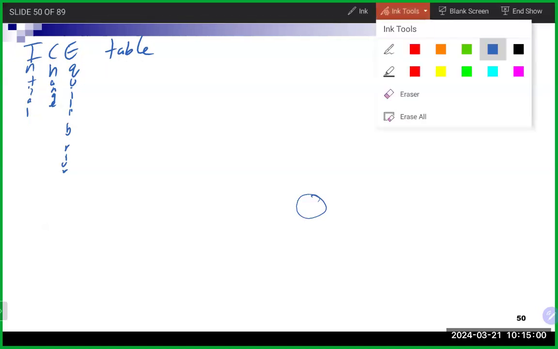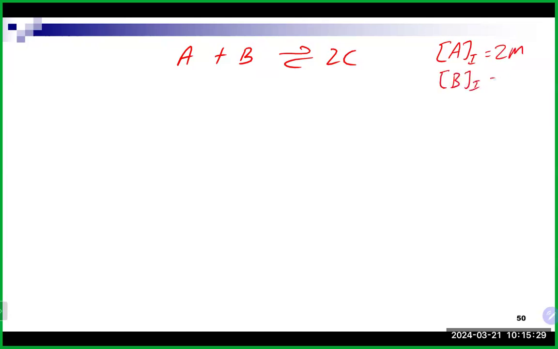So how does this work? Let me just do an example here. Let's just say we have an equation like A plus B goes to 2C. And let's just say we are given the initial concentration of A as 2 molar, and the concentration of B is 4 molar.